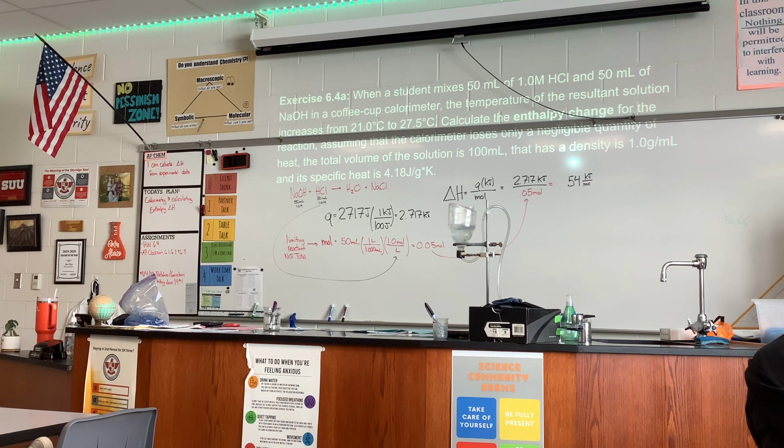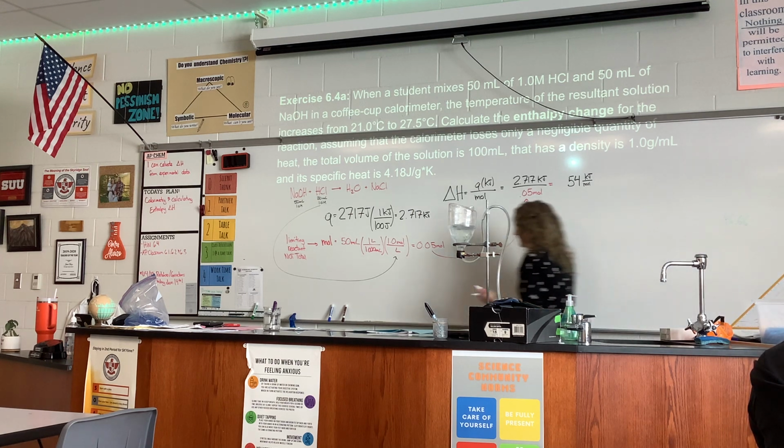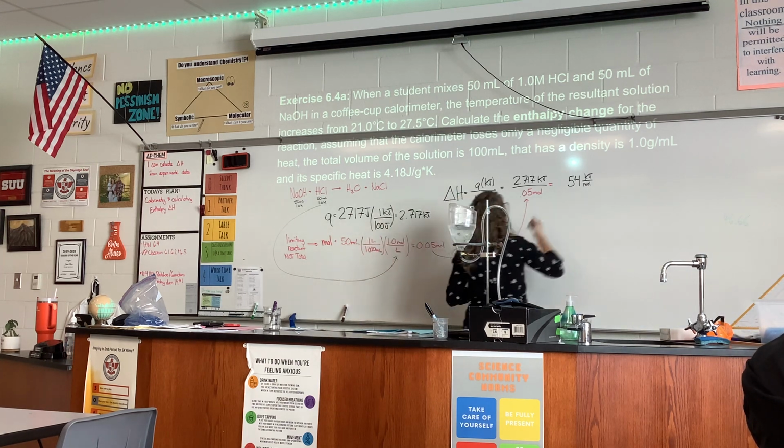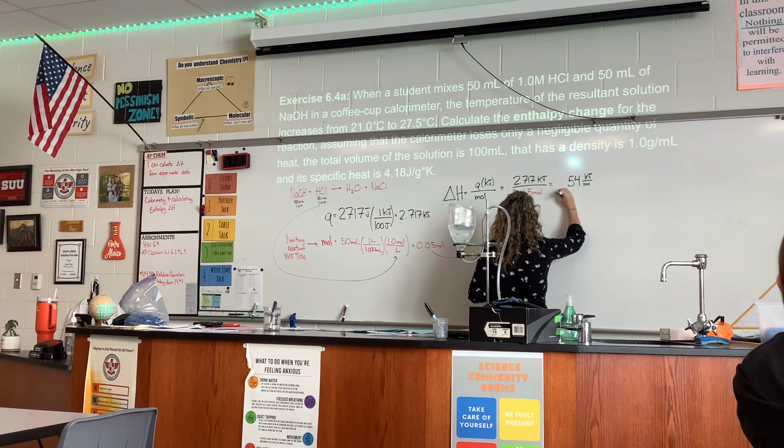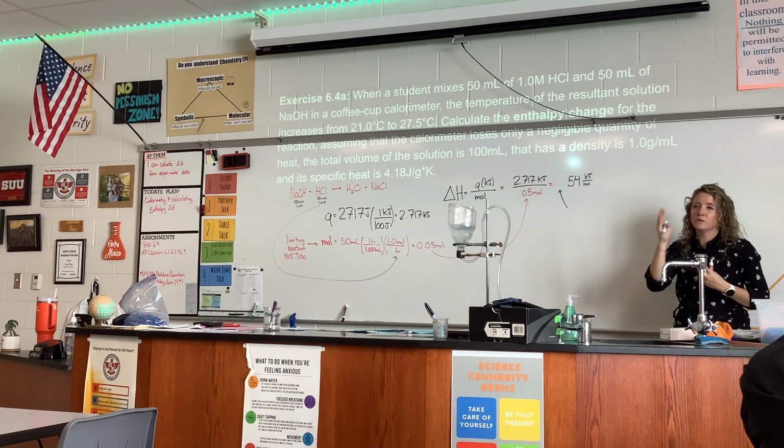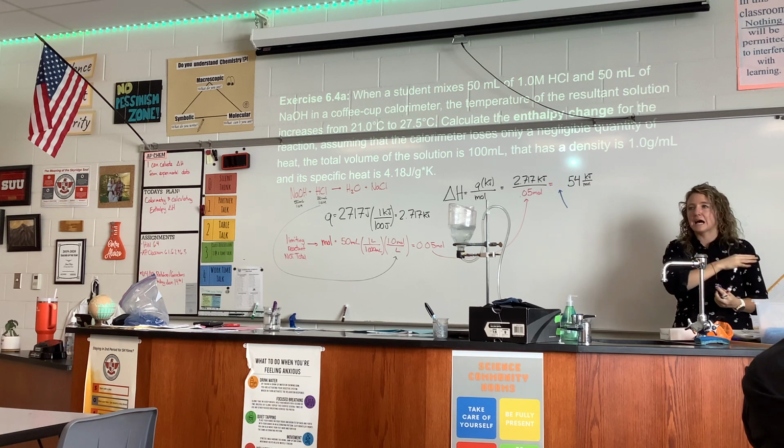The sign of delta H needs to match whether the reaction is endo or exothermic. So the final piece is you need to make sure, and a lot of problems will say, like on the one we'll look at in a second, make sure to include the appropriate algebraic sign, right?